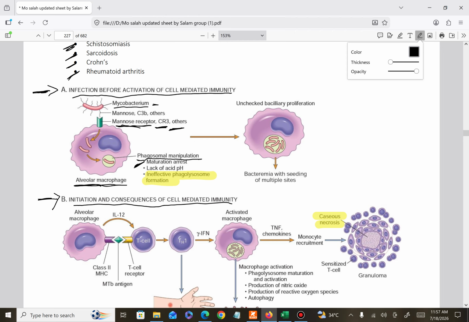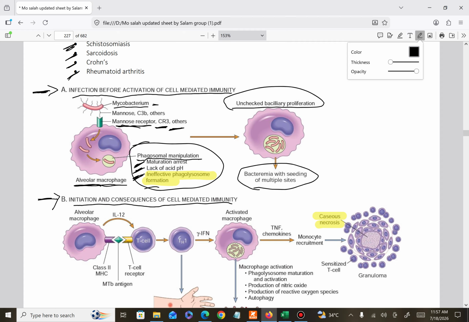Then it prevents acidification of the phagosome, and it causes ineffective phagolysosome formation. By doing so, it survives in the macrophages, and this results in bacteremia with seeding of multiple sites.